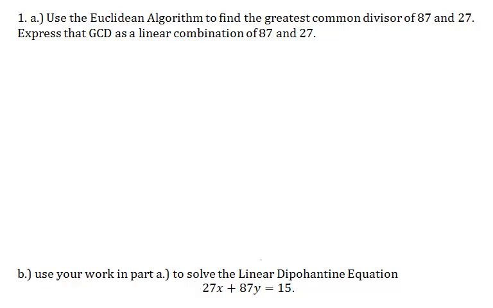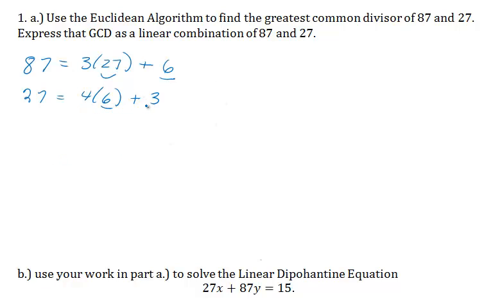What I want to do is take the two numbers, take the larger number, 87, and divide it by the smaller, 27. It's 3 times 27 plus a remainder of 6. And then I'm going to repeat that process on these two values. So 27 is 4 times 6 plus a remainder of 3.